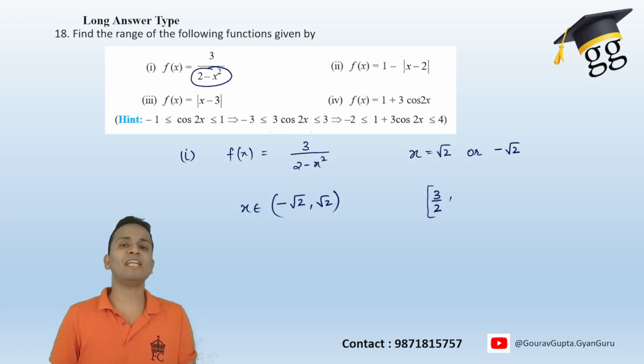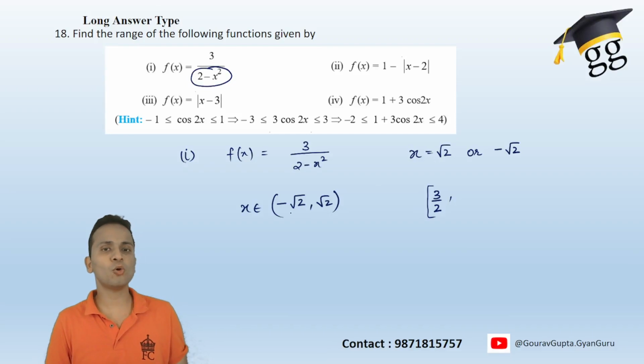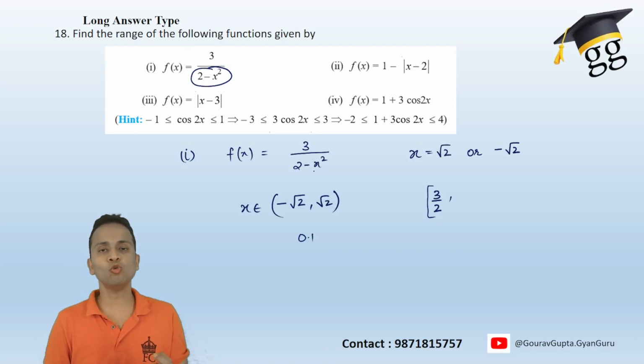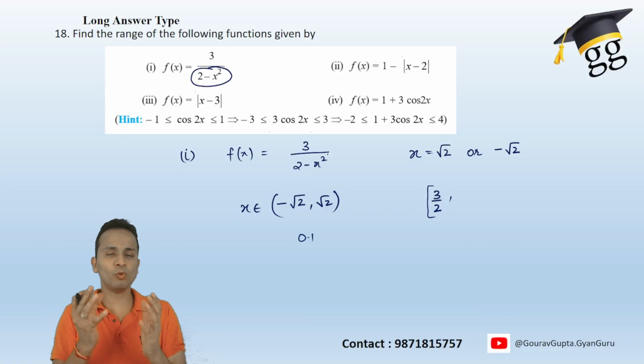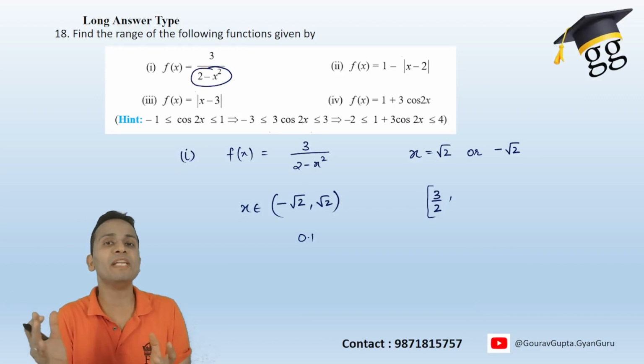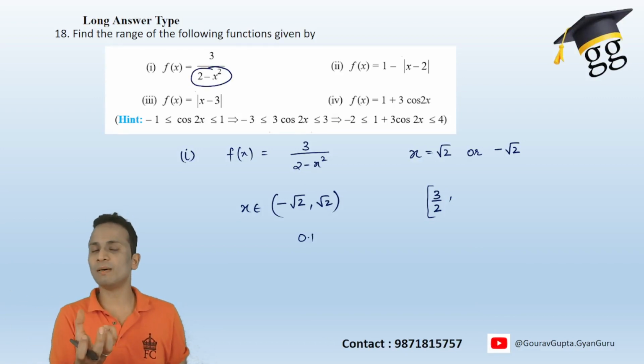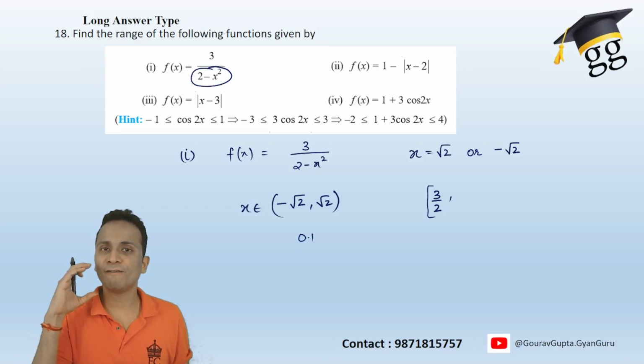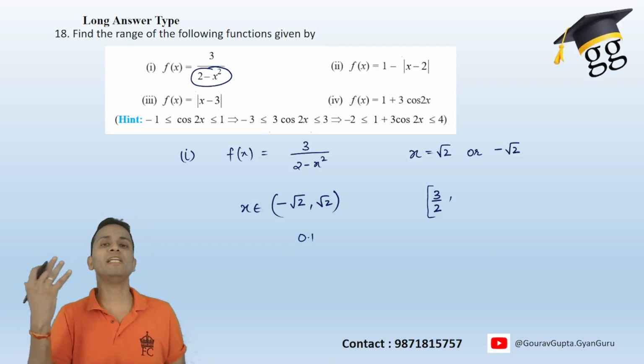Now the maximum value of the function. If I put x as, let's say, 0.1, then x square will be 0.01. So in 2 minus 0.01, the value in the denominator will start diminishing. So the denominator's value will keep decreasing and the value of the entire fraction will keep on increasing.